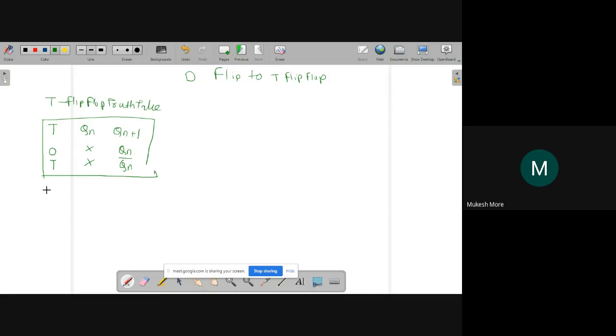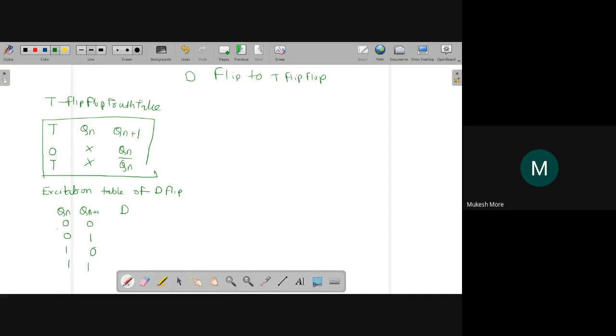Next part we need, that is the excitation table of D flip-flop. So for the excitation table of D, we have Qn, Qn plus 1 and D. Okay, 0 0, 0 1, 1 0 and 1 1.